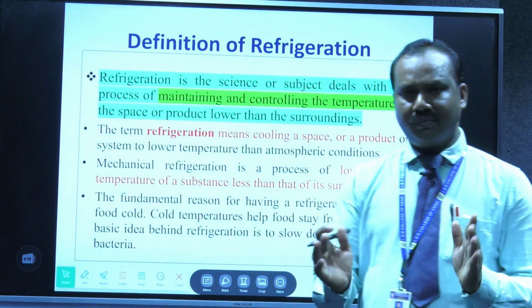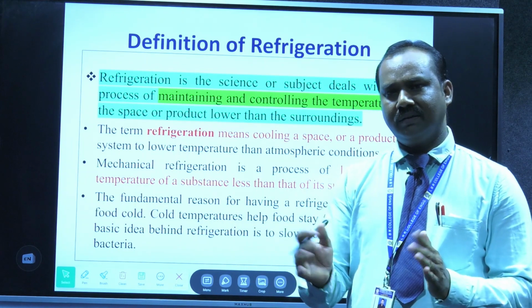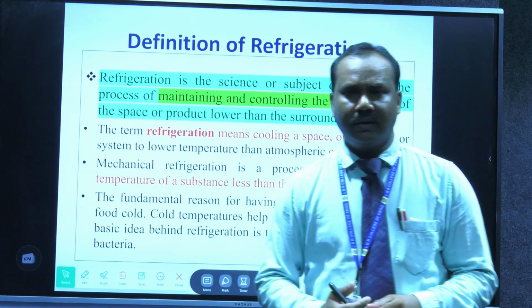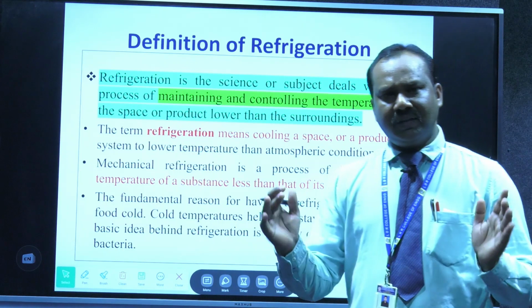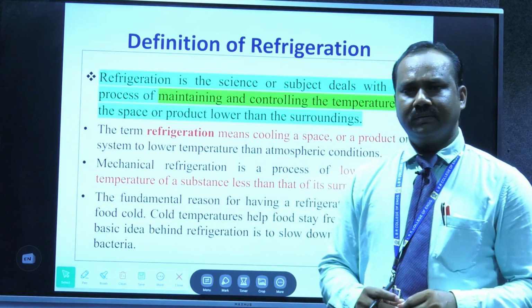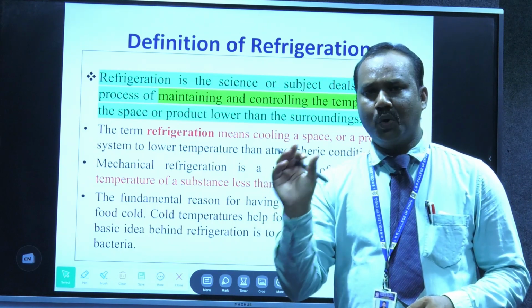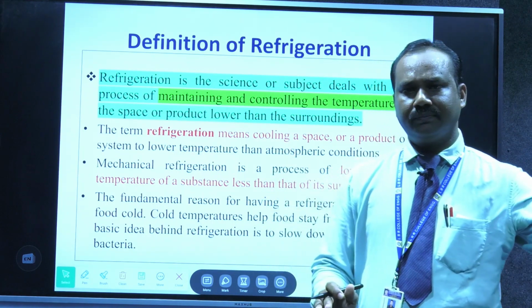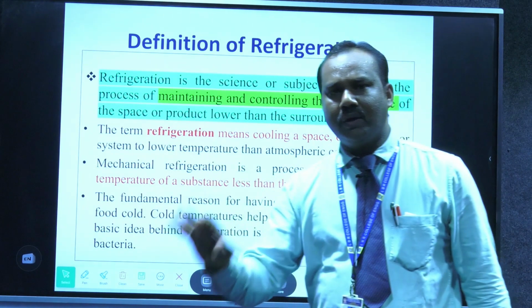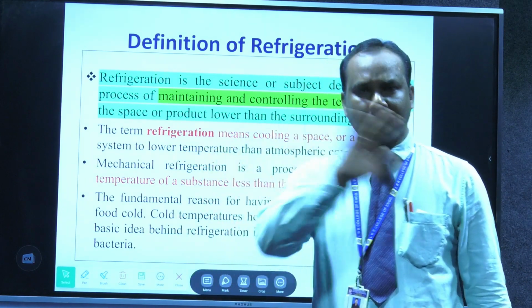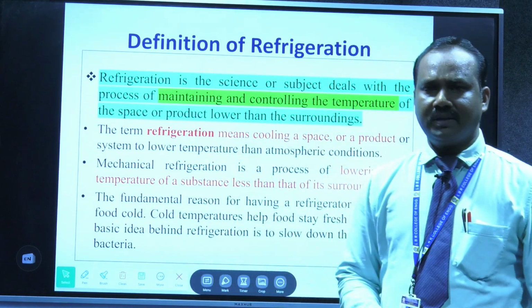So let me define what is refrigeration and what is air conditioning, then we will go to the actual content. Refrigeration is a subject or a science which deals with maintaining a lower temperature than outside. If you are able to maintain a lower temperature than the outside atmosphere, it is called refrigeration.